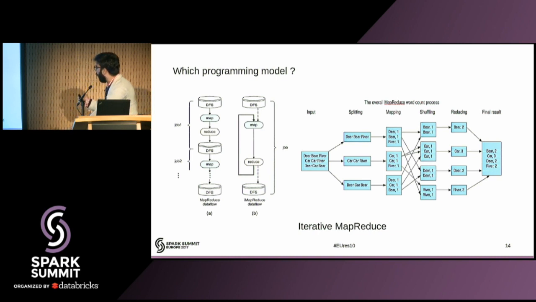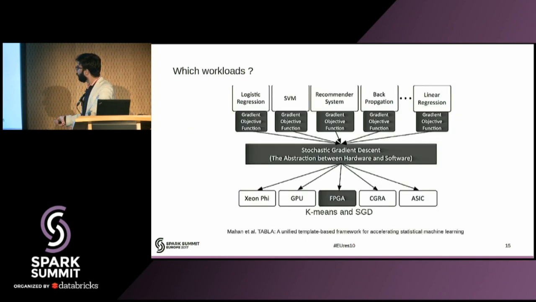So now, the question is, can we map this iterative MapReduce model directly into the FPGA or not? And how? In Spark, we have a lot of machine learning applications.